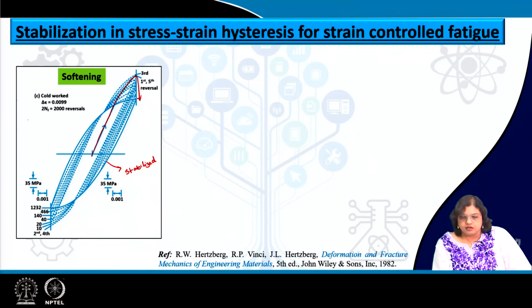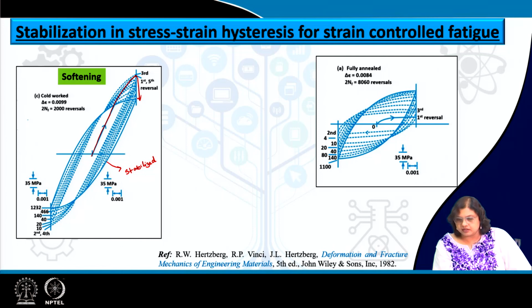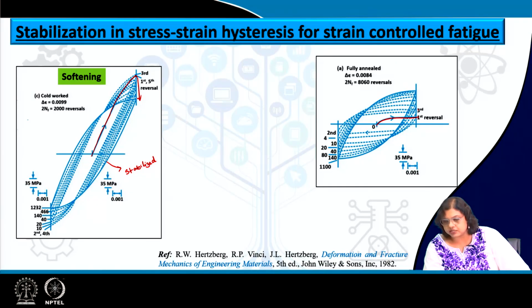Okay. On the other hand, this is another one which shows that the first one is this one here, as well as the stabilized one, as you can see very clearly the solid one as my pointer is following. So, this is the stabilized hysteresis loop, right.